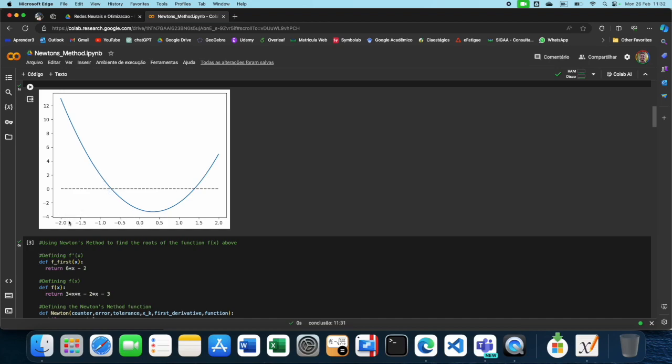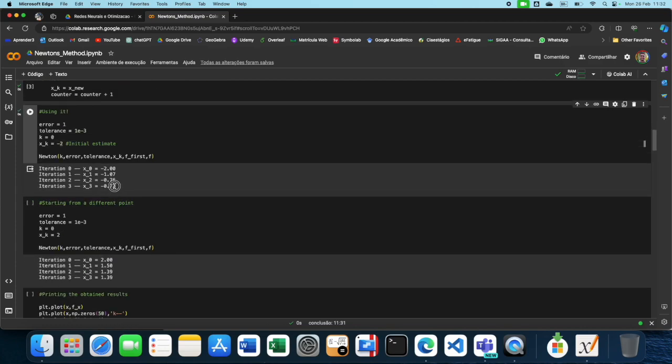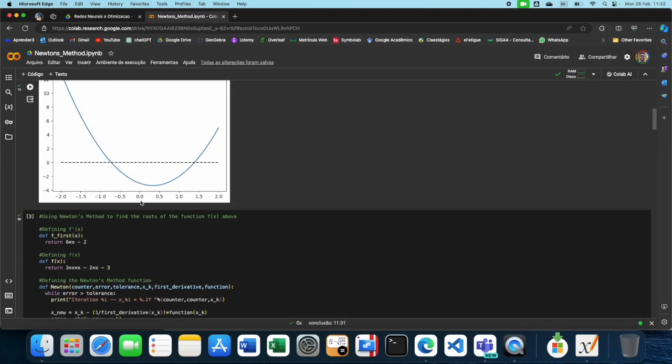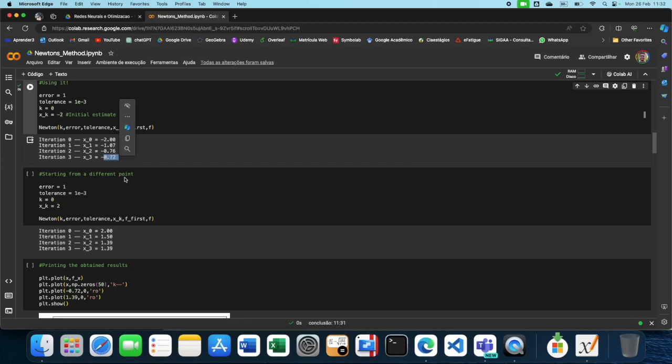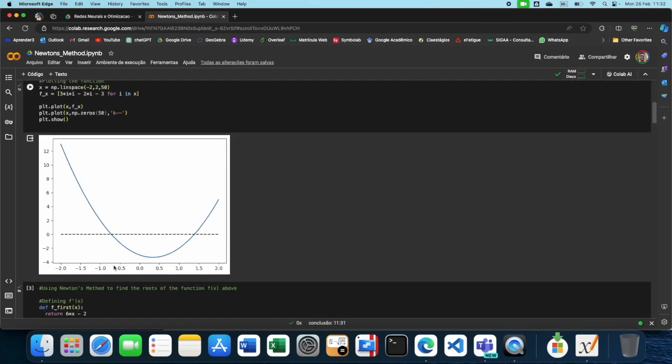But this answer can change if we use a different starting point. And look, the method found a great estimate. We can compare with our visualization to see if the answer is right. Minus 0.72, right here. At least visually it looks right.